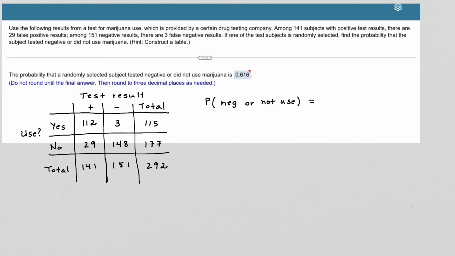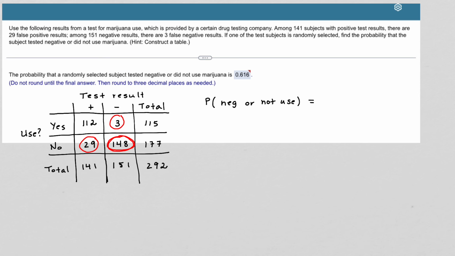So let's see what we have here. Tested negative would be these 3 and these 148. And people who did not use marijuana were these 29, also the 148 again. But I don't need to count those people twice.